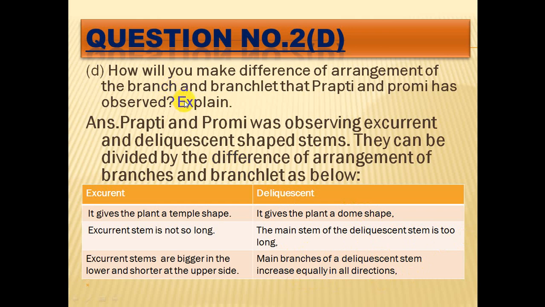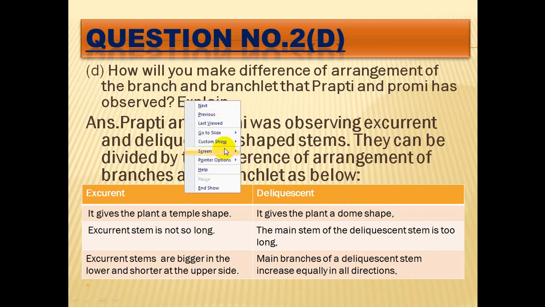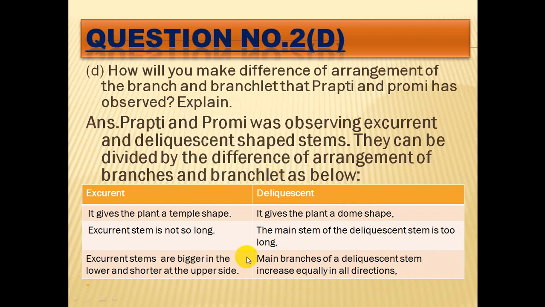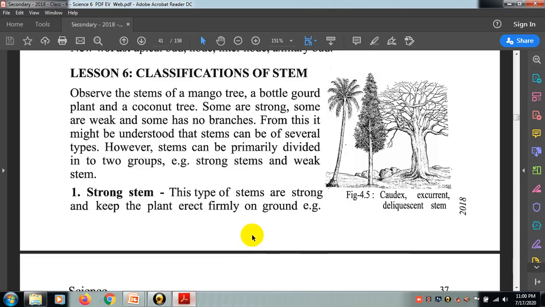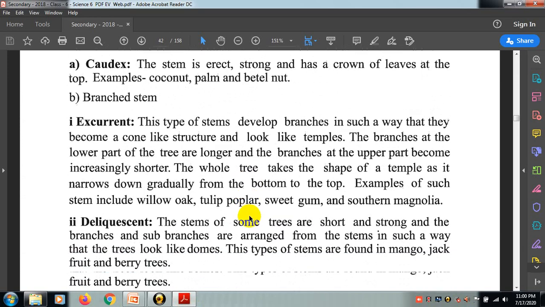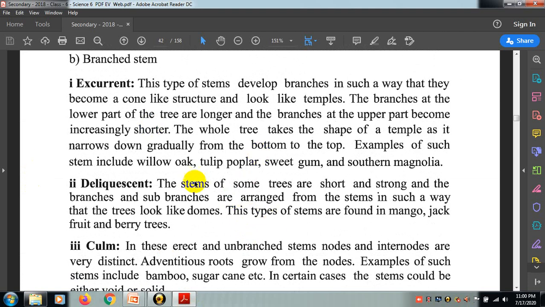Okay, so if we go to the book page, we will get more information. See, these types of stems develop branches in such a way that they become cone-like structures and look like temples.